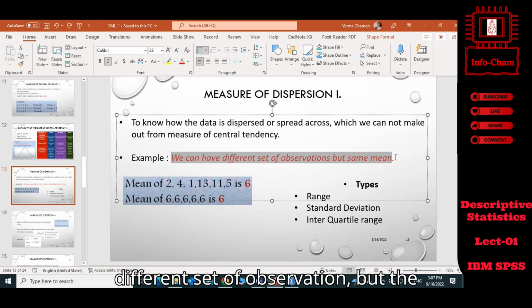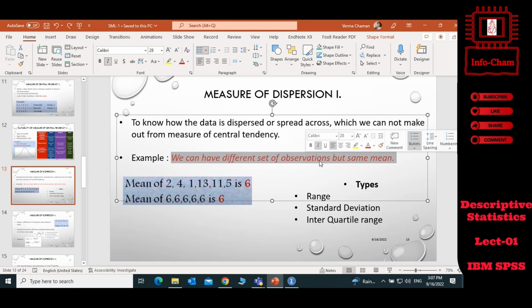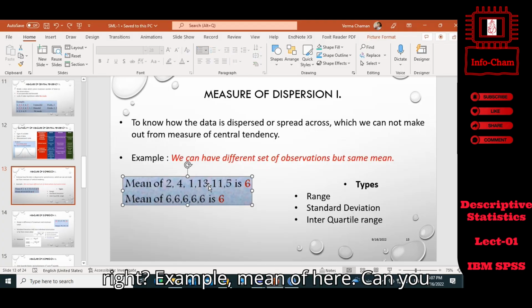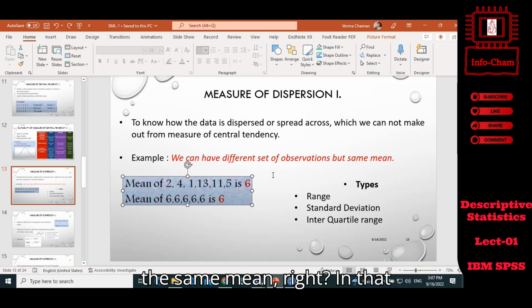So we can have different sets of observations, but the same mean, right? Example, the mean of these terms, can you see? If you calculate by the calculator or by a tool, it will show you 6. The mean of these is the same. We can have a different set of observations, but the same mean, right? In that case, the term comes for the standard deviation, right?